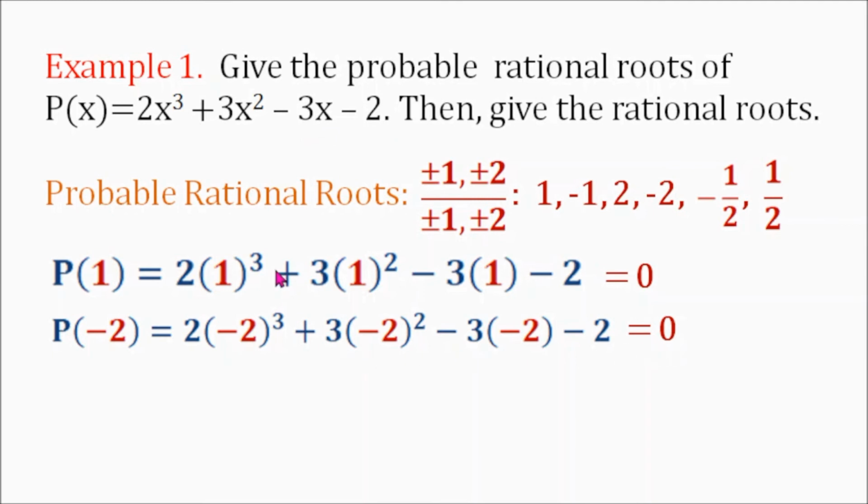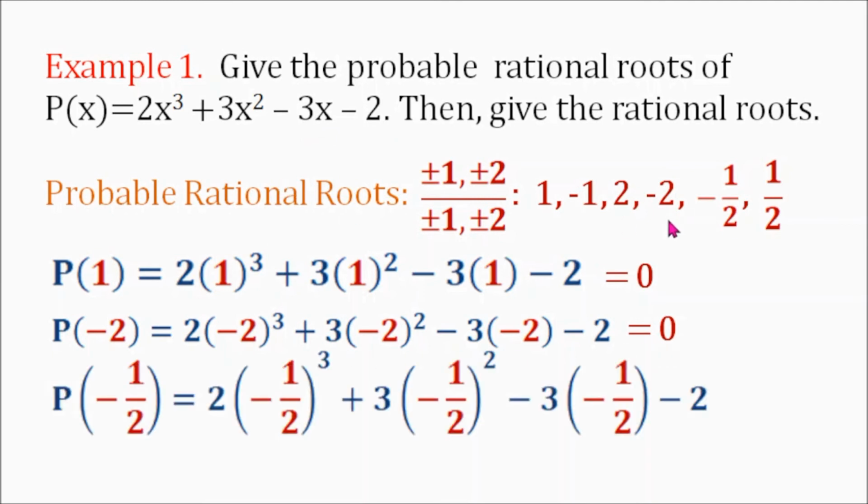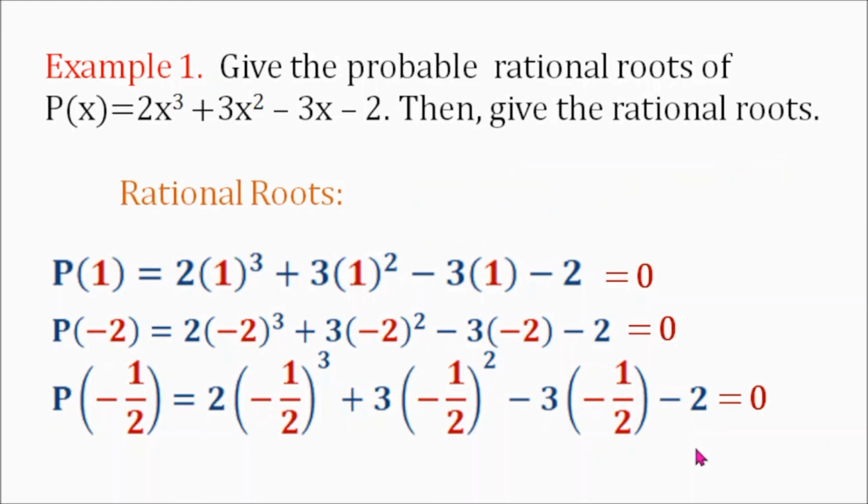It's also 0. And trying negative 1/2, substituting all our x's here with negative 1/2, we also get 0. So this means the rational roots are 1, negative 2, and negative 1/2.